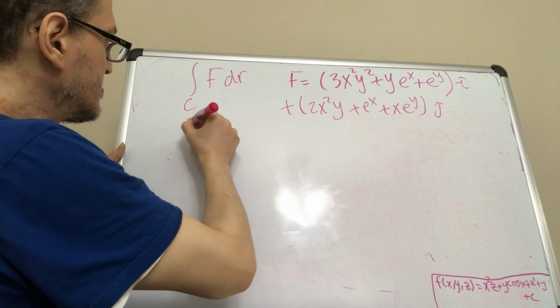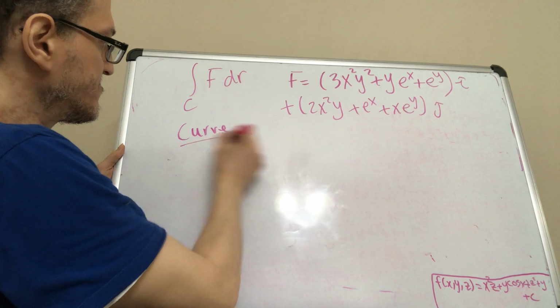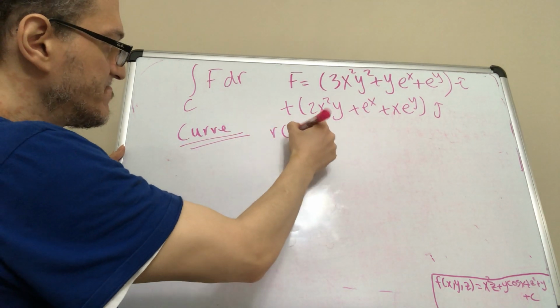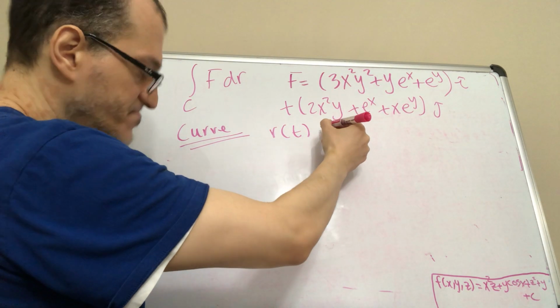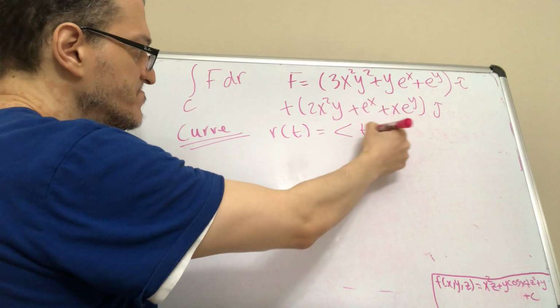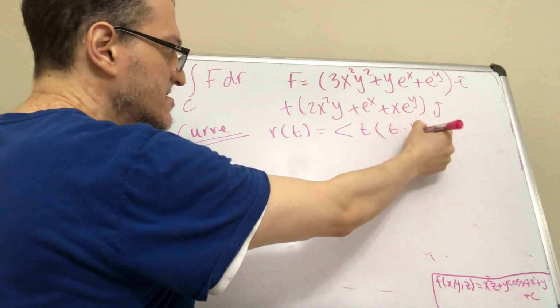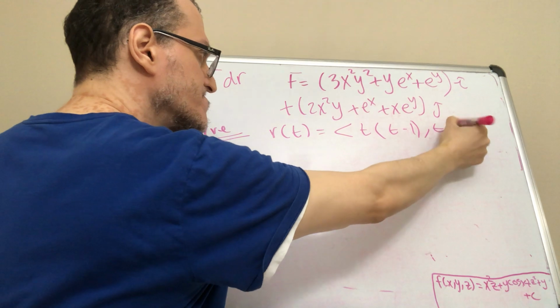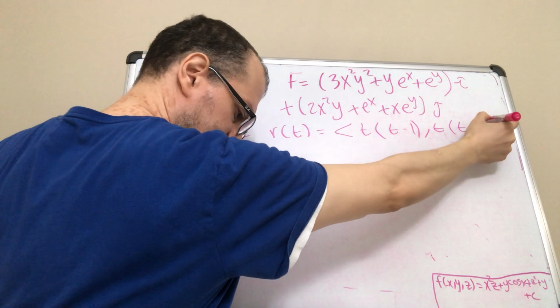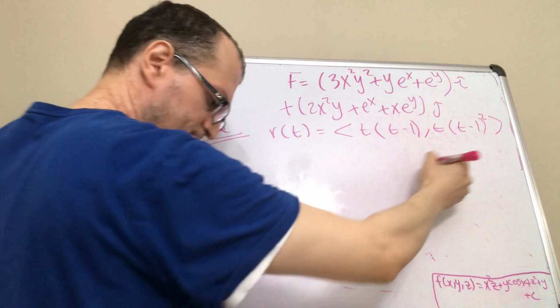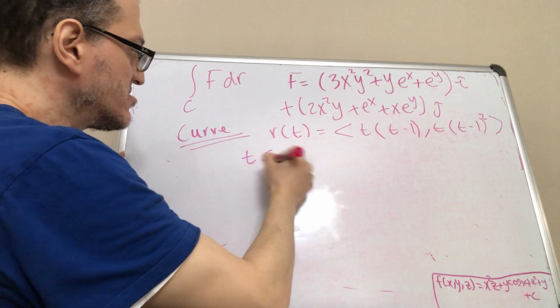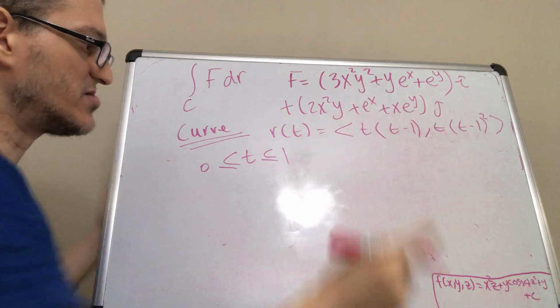And they tell you that the curve C here, and they give it to you, where t is between 0 and 1.